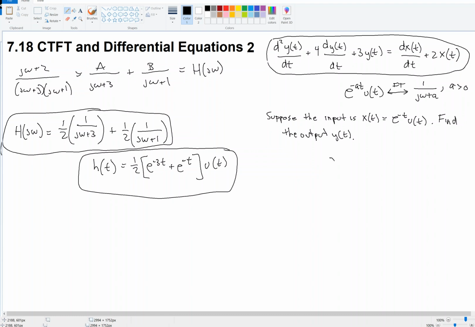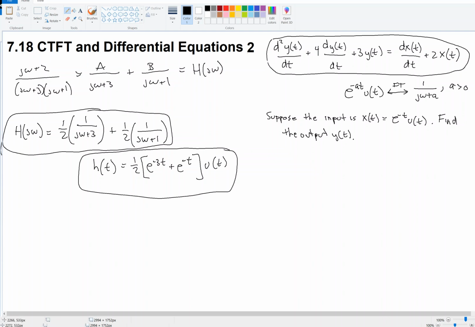Okay, so let us do that. Well, we're going to use Fourier transforms, and I want to be clear that what we could do is convolve x with h, little h. We could do that convolution, and if we did that convolution, we would certainly have the output.